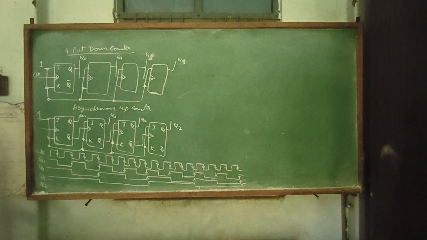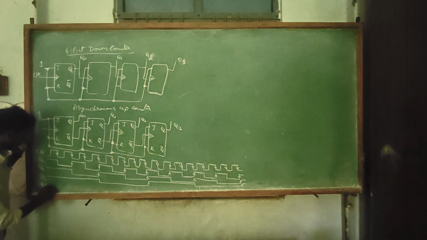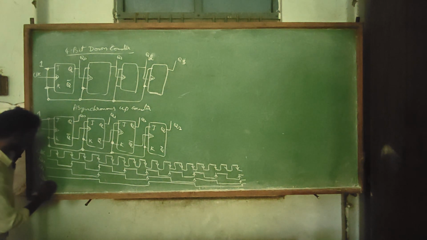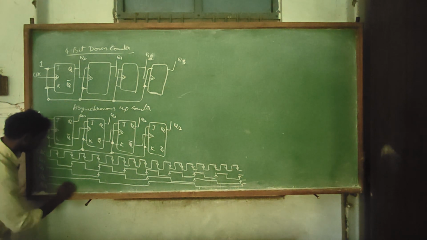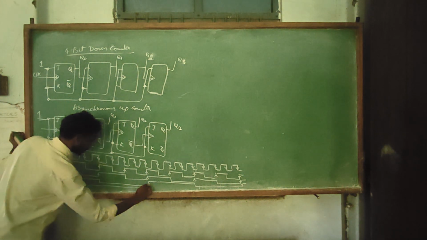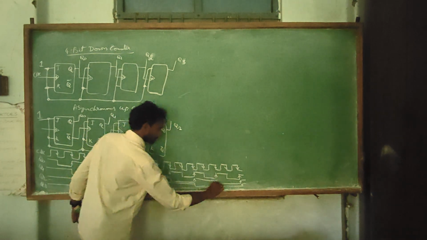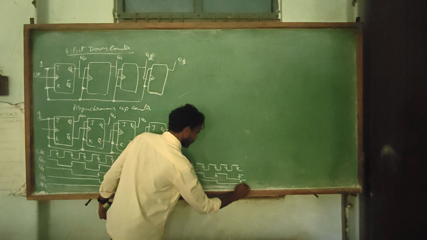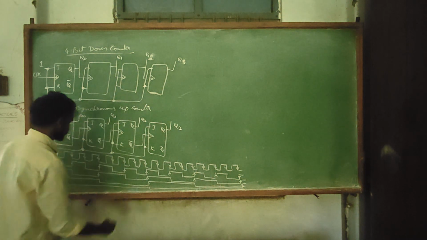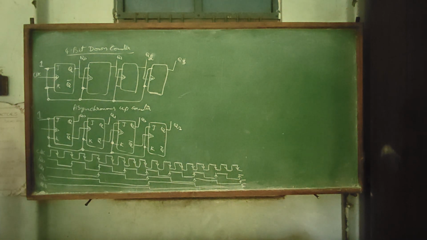Same rule applies even for Q3. Q3 changes its state at the rising edge of Q2. Initially it is set at 1.